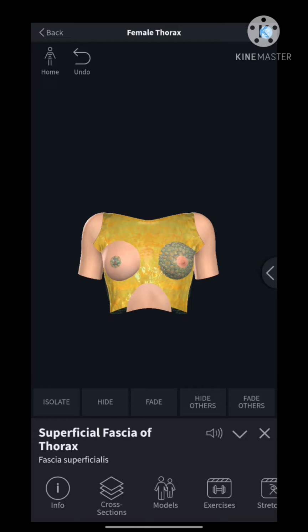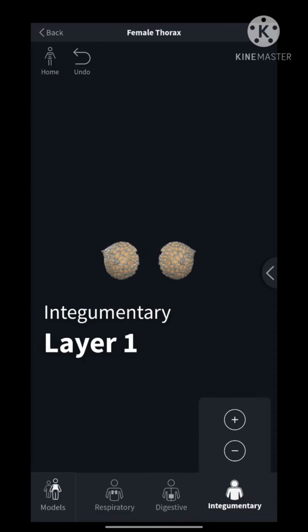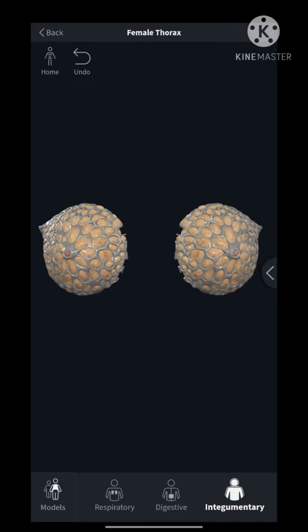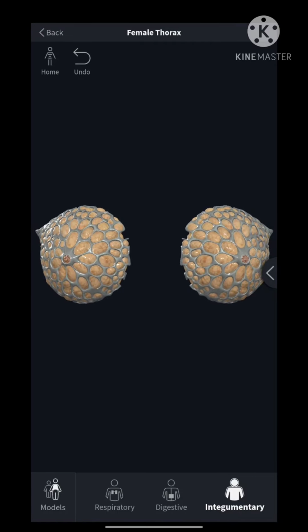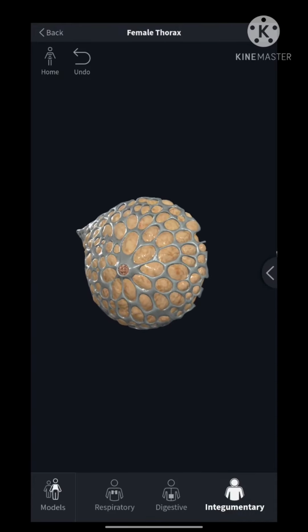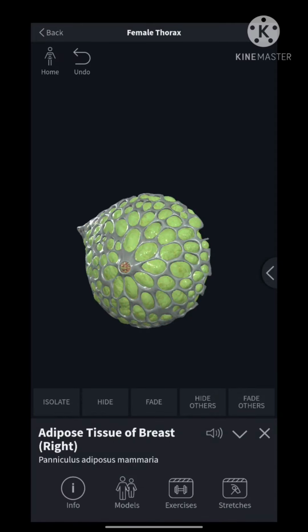This is the fatty layer. Let me remove this as well. And yes, these are the mammary glands that you are seeing over here. These are the paired structures present in the mammalian female, through which it nourishes the young ones. So let me remove this as well.